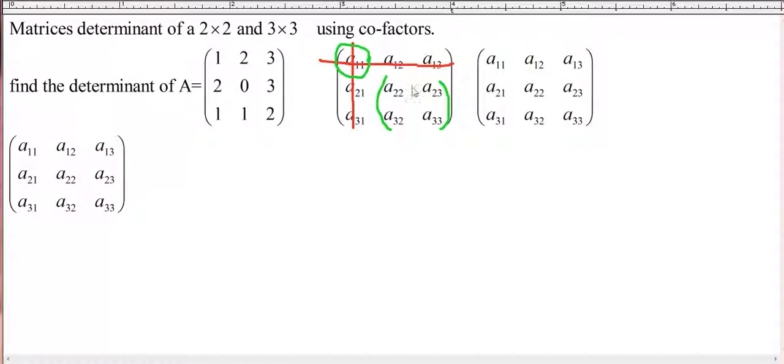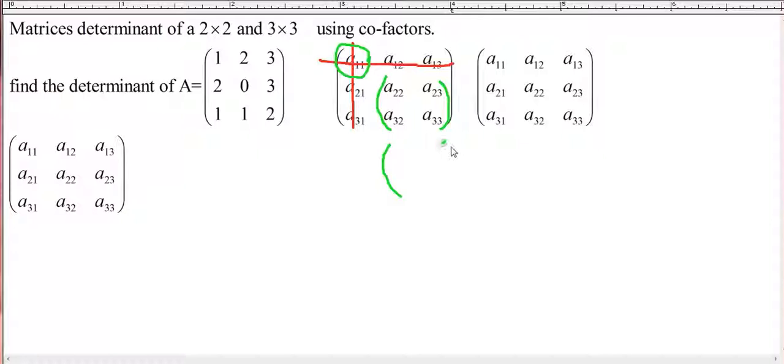But we have to repeat this n times. Because we have a 3 by 3 matrix, we have to repeat this process 3 times using the row that we selected. In this case we have selected row 1.